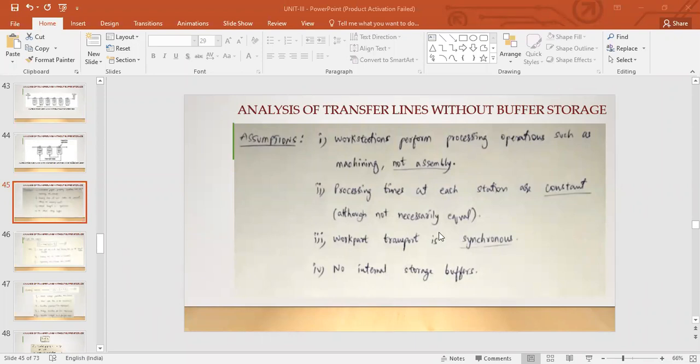Other thing is your processing times at each station are constant, although not necessarily equal. So the processing times are constant, basically the cycle times, we can say they are constant. Okay, they're not changing. And work transport is synchronous. We have discussed three types of work transport, isn't it? What were they? Can anyone point out?